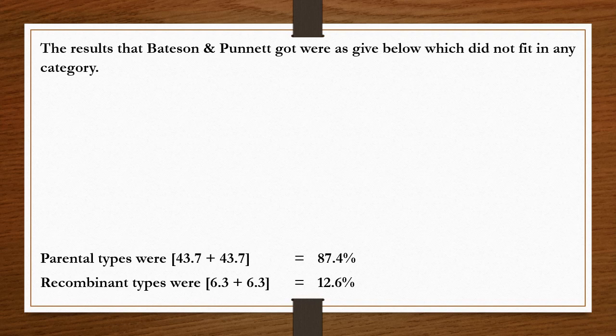The first category is the law of independent assortment, and the second category is linkage. The result does not fit either category.